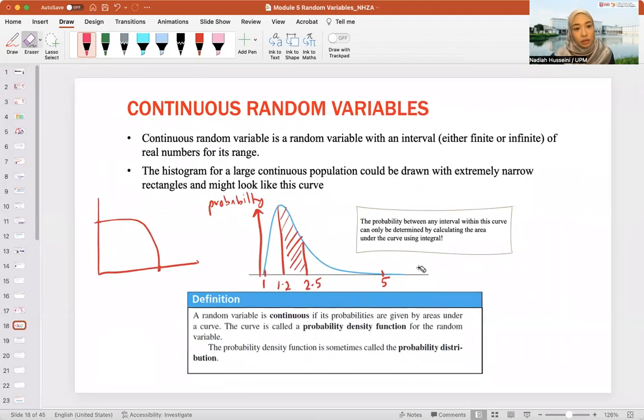Okay, so we're going to continue with continuous random variables. I talked a little bit about continuous random variables, and I told you for a discrete sample space, or for discrete random variables, you call it a probability mass function. For a continuous random variable, you call it a probability density function. Density.